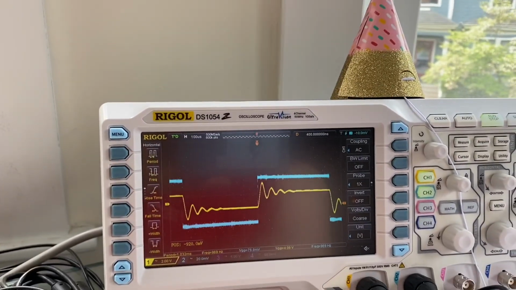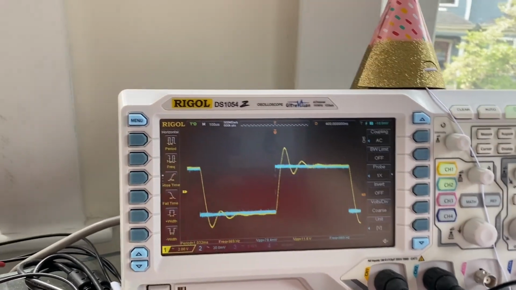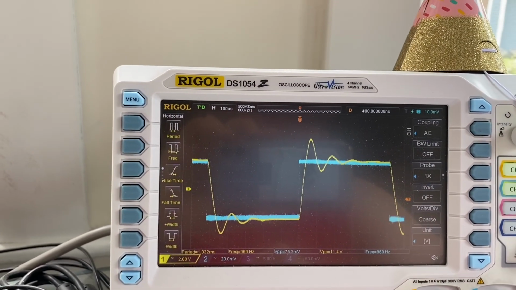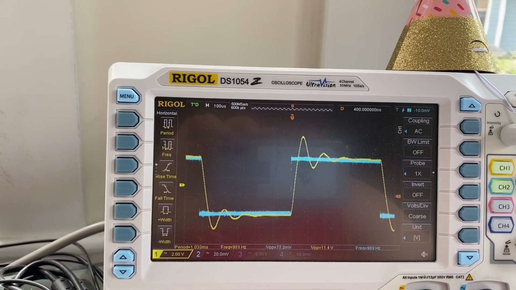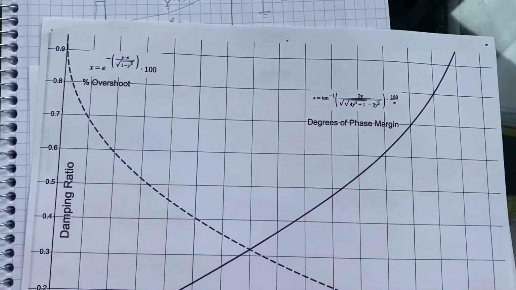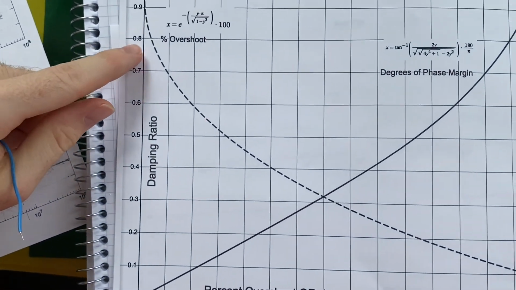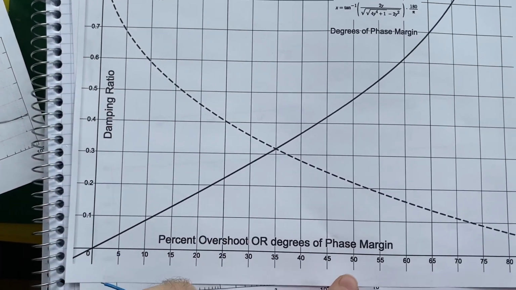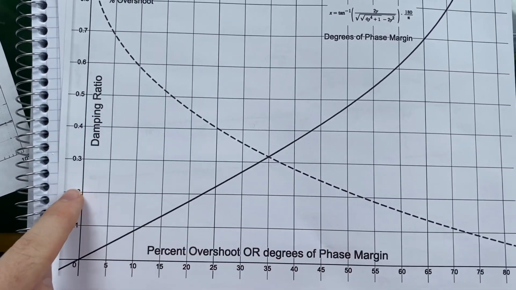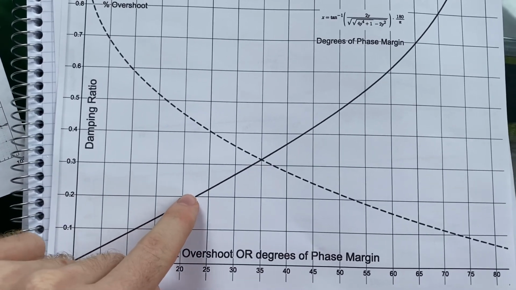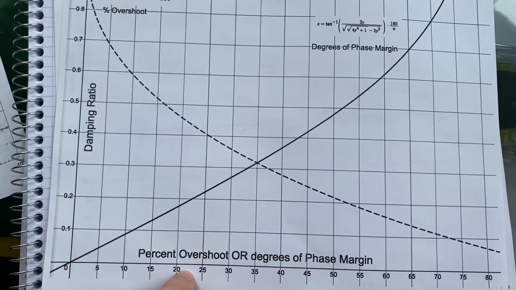So if we crank our gain all the way back up, you see maybe that's about a 50% overshoot or so of the final value. And if we take this curve, look at percent overshoot, 50% means we have a damping ratio of about 0.2. At a damping ratio of 0.2, we have about 20 degrees of phase margin.